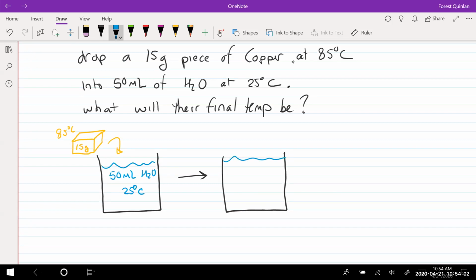At the end of the day, we have it in here. Question is, what is my final temperature? And since I know a couple of you guys are probably drawing that, I'm going to give you guys a second to look at that.